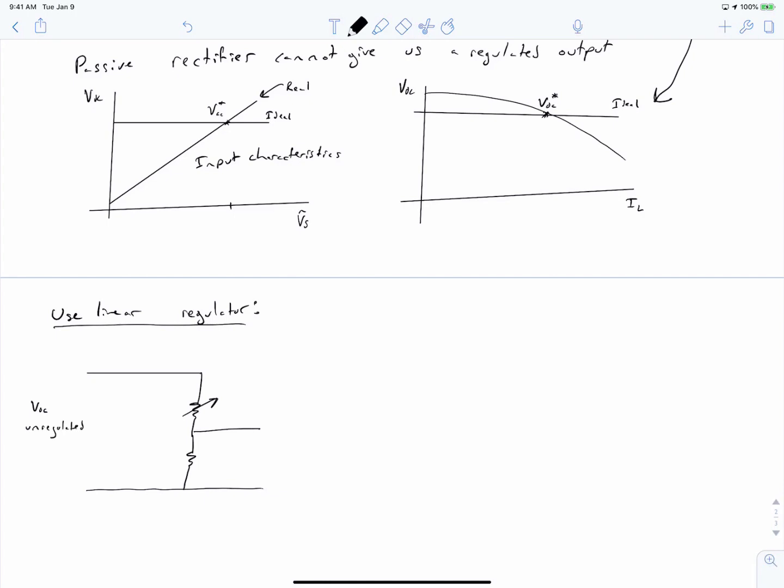And on the output of this is our VDC regulated. And our load just appears perhaps as a current source. So with a circuit like this, we can obtain approximately 0% regulation. What does that mean? That means that our VDC value does not change with respect to line input, and it does not change with respect to our load output.